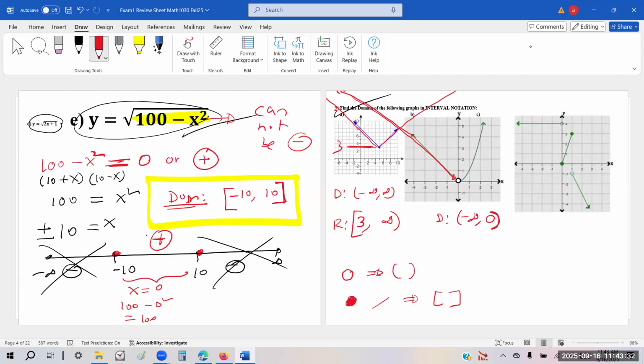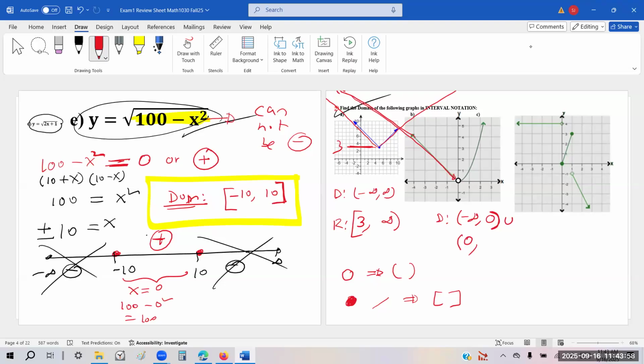We cannot substitute x with 0 because 0 has a hole in it. So it stops its journey, and then it crosses 0, and then starts its journey again. So since it's starting from 0, and it's a hole, so parentheses.